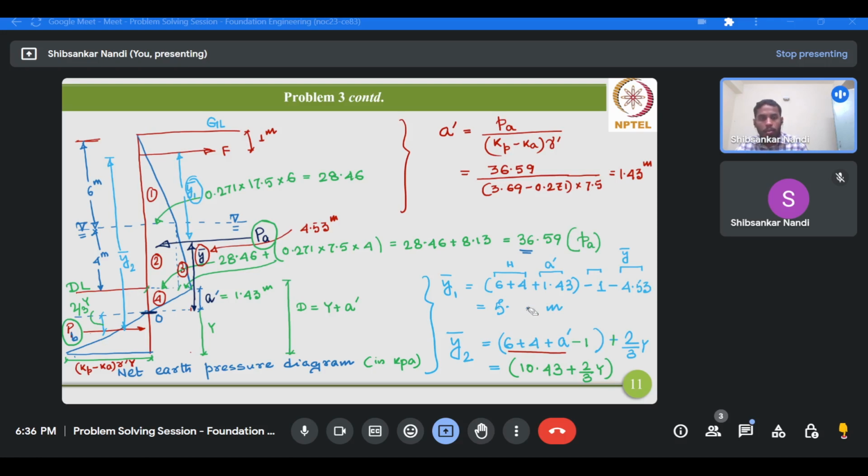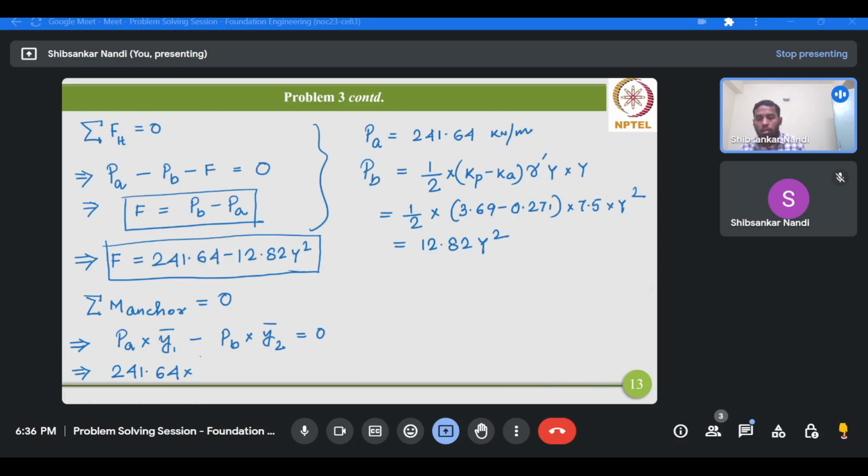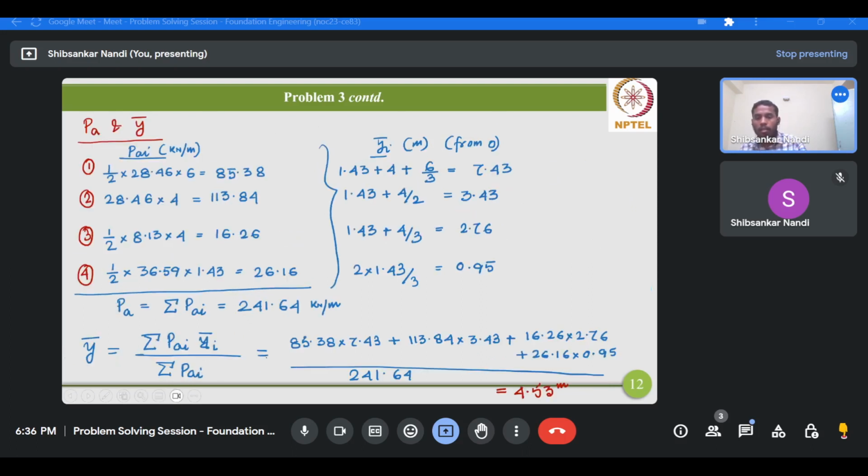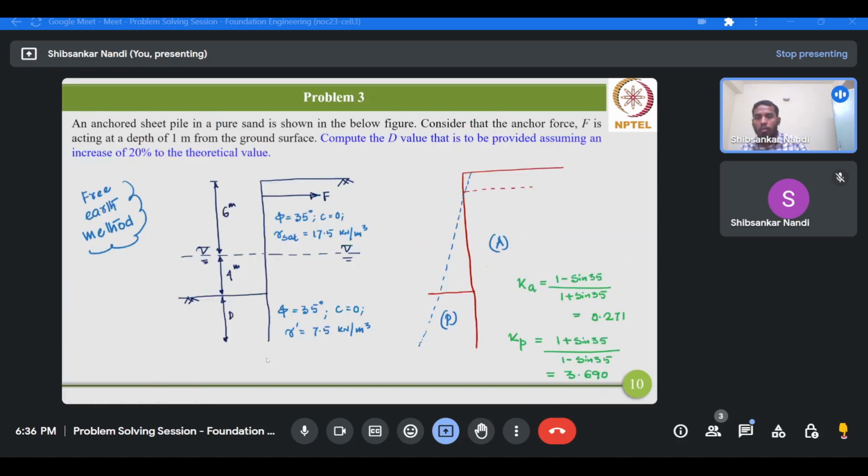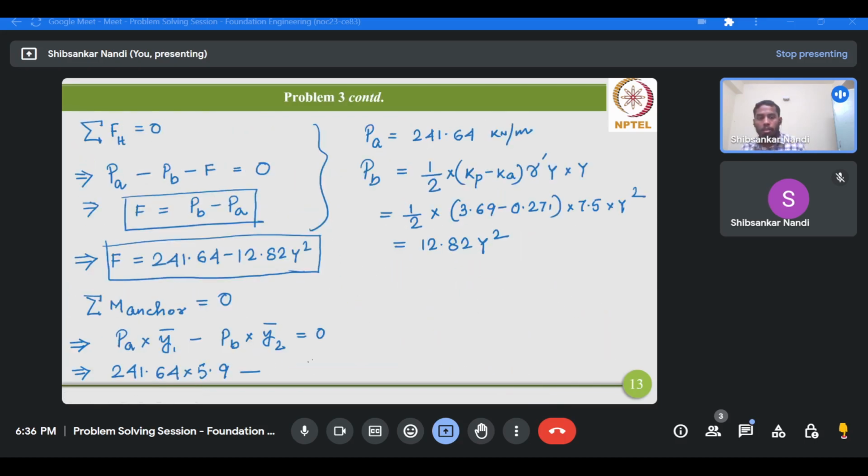So this value is your 5.9 minus the PB. The analytical expression is 12.82 y square, then multiplied by y2 bar.